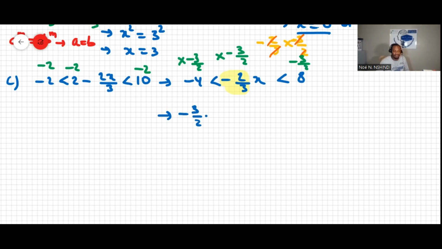Doing that, we have -3/2 multiplied by -4. Now, remember when we multiply by a negative number, the inequality switches. Instead of being less than, it will become greater than. So it becomes greater than x, and also here the less than becomes greater than 8 multiplied by -3/2.